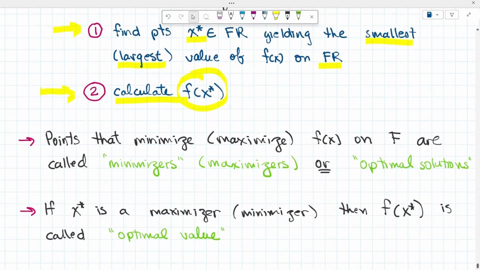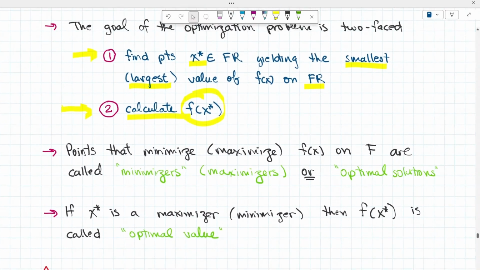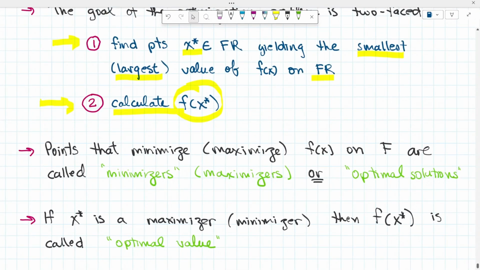So I'm going to just show you a bit of the terminology that I was just talking about. The points that minimize or maximize our function f of x on our feasible region, fr, are called either minimizers or maximizers, and they're also known as optimal solutions. So don't get confused between optimal solution versus optimal value.